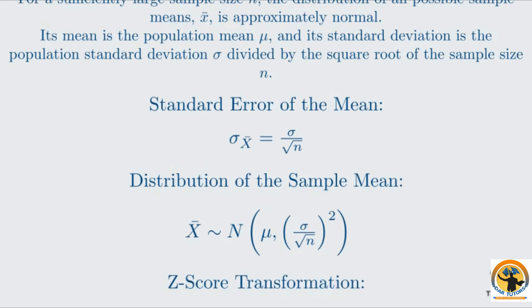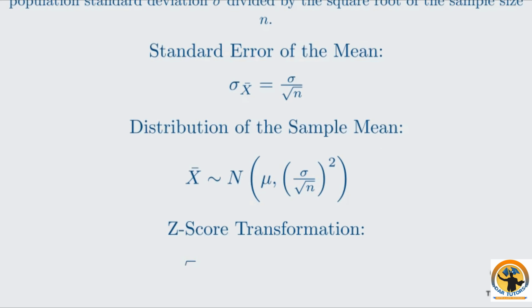This allows us to convert any sample mean to a z-score using the formula Z equals X bar minus M, divided by the standard error, sigma divided by root n. This z-score then follows the standard normal distribution N(0, 1). This transformation is the key to calculating confidence intervals.